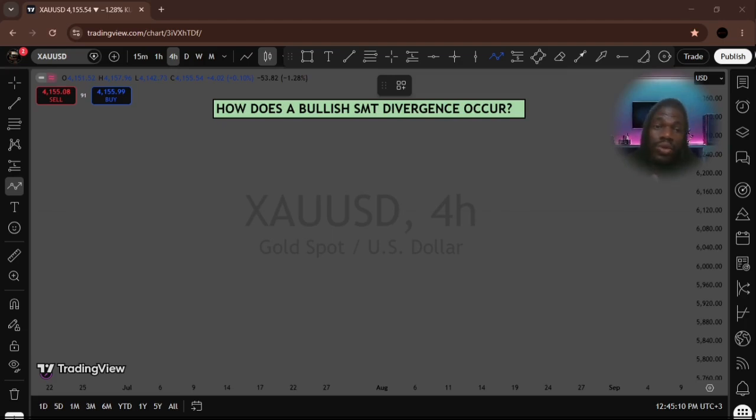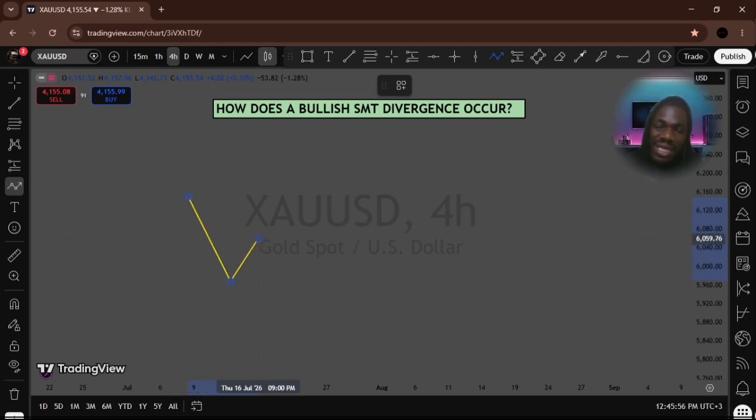So if we come now to our business, you have to think as an investor, as an entrepreneur on the side of the business. You have to be expecting the two things you are going to see. Now this is a bullish SMT. How does it occur? It occurs when another correlated pair fails to make a new lower low.